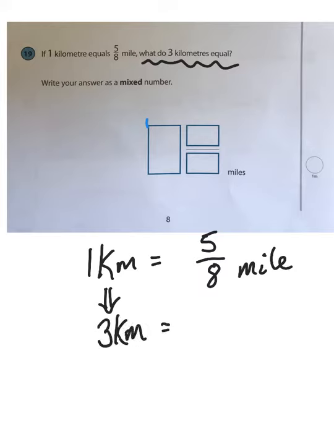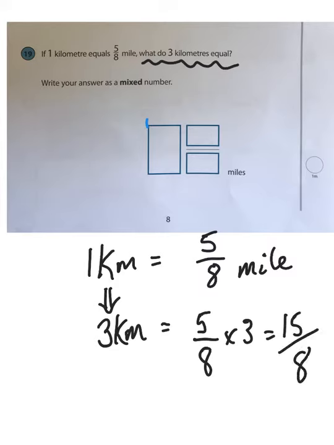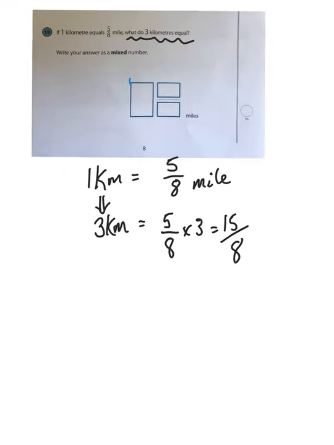Times it by 3. So this side we need to times it by 3. So we've got 5/8 multiplied by 3. What's 5 times 3? 15. So we've got 15 over 8. Let's just shrink that down and then I'll be able to explain it.